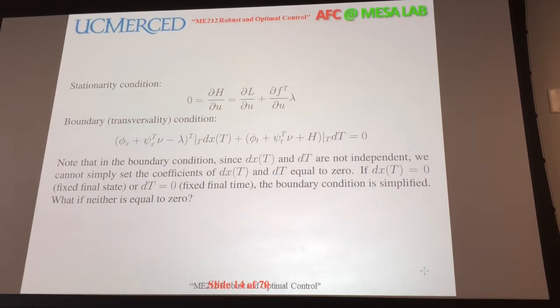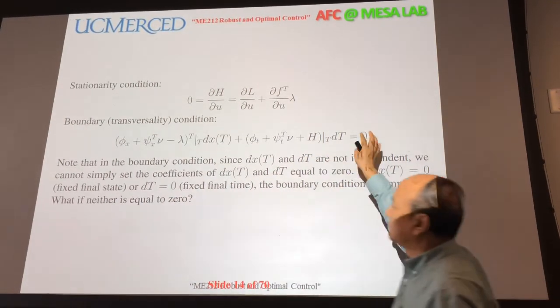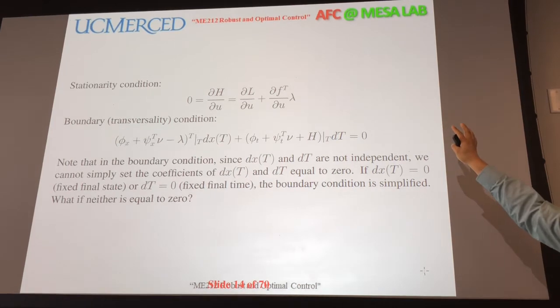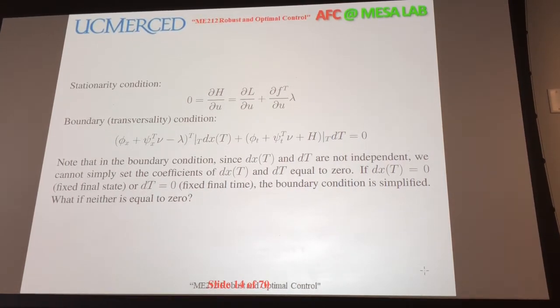Or you fix the final time, given time to the given point. That will make these two guys 0. That will make this one much more simplified. But if not 0, life is very complicated. You have to analyze it very carefully because they are not independent.